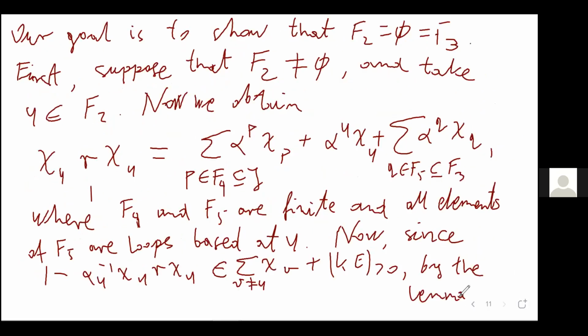Okay, now since we have this for the inclusion, we have this property that 1 minus alpha U inverse chi U R chi U is in the set which is of the form the sum of all but one vertex projections plus the arrow ideal.